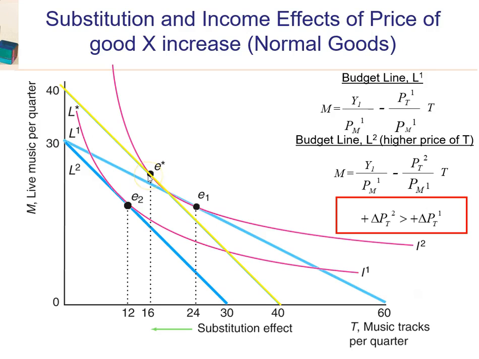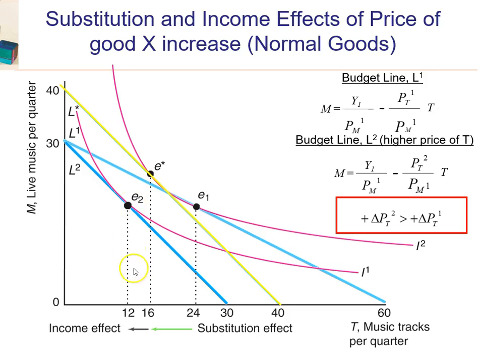So recall that the price of good X went up, and you feel poorer. How do we represent that? By shifting our budget constraint in from this yellow hypothetical line to the actual dark blue one, L2. So this is our income effect. We are going to feel poorer. We're going to buy less of the Y good and less of the X good. So going from E star to E2 is seen as the income effect.